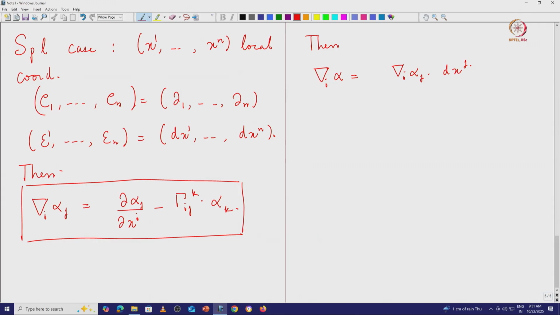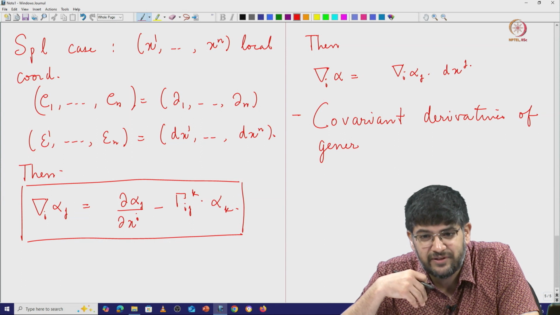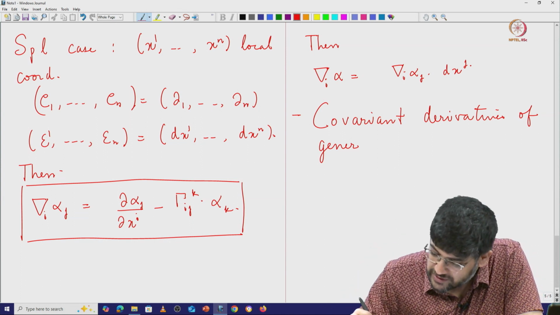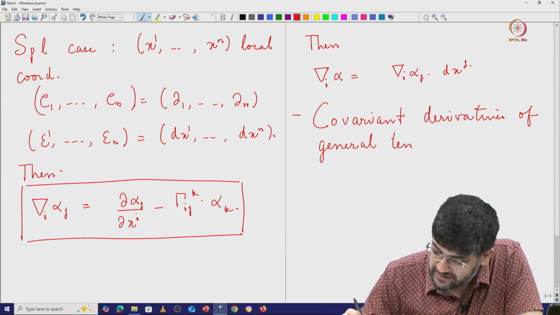So now the next thing I want to do is to try to extend this to general tensors. So by definition we have the covariant derivative of vector fields. Now in the first part of today's lecture we have introduced covariant derivatives of forms. So now we would like to do this for general tensors.